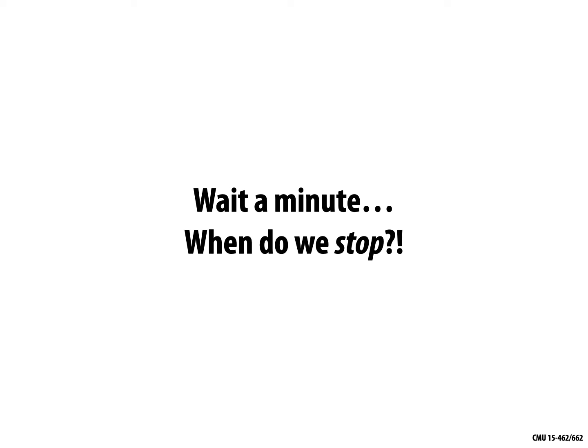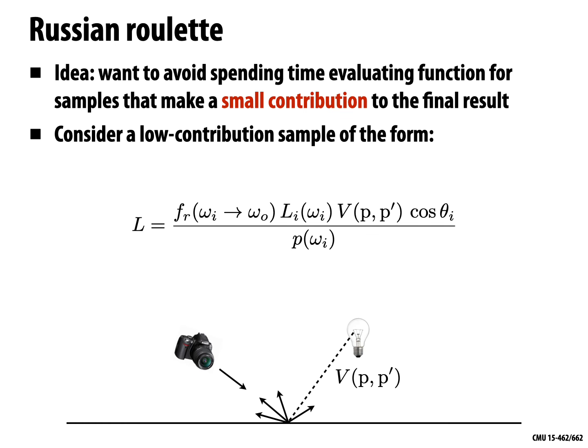So a strategy that is more principled is something called Russian roulette. And so the idea is rather than picking some hard cutoff, what you say is every single time you do a bounce, there's some probability that path gets killed. Likewise, every time you do a bounce, there's some probability that path keeps going, right?